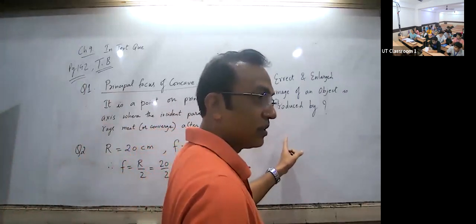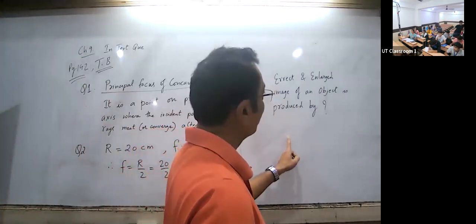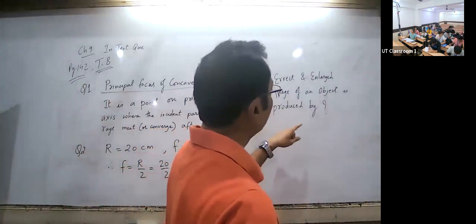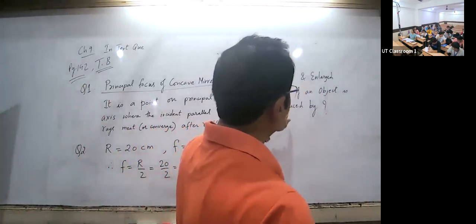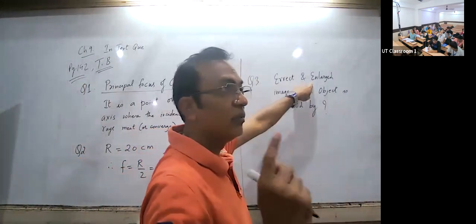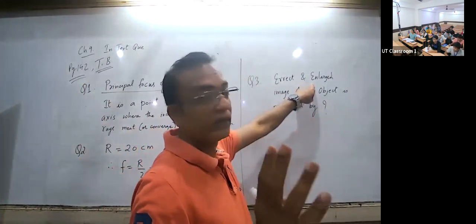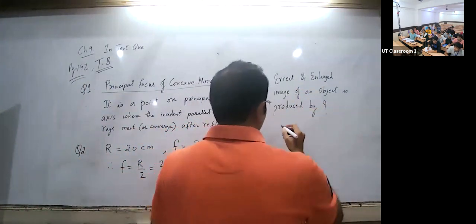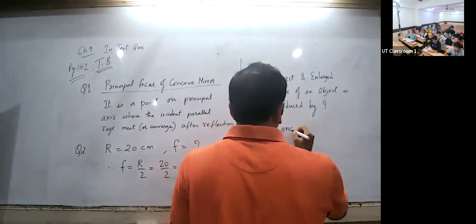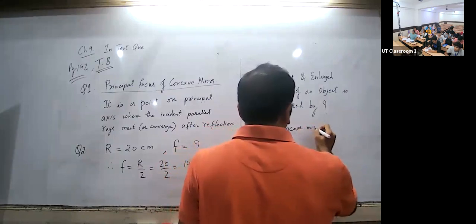The image in case of convex is erect, but it is never enlarged. So this is possible only in case of concave.